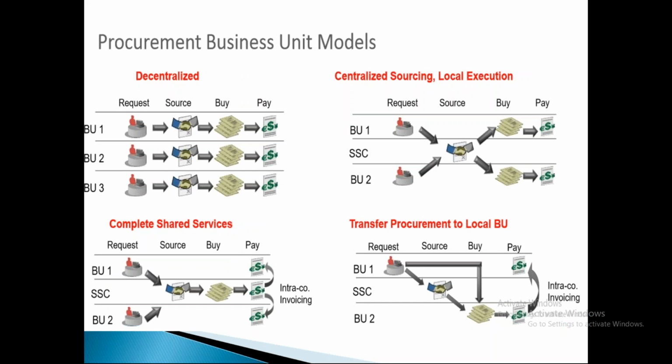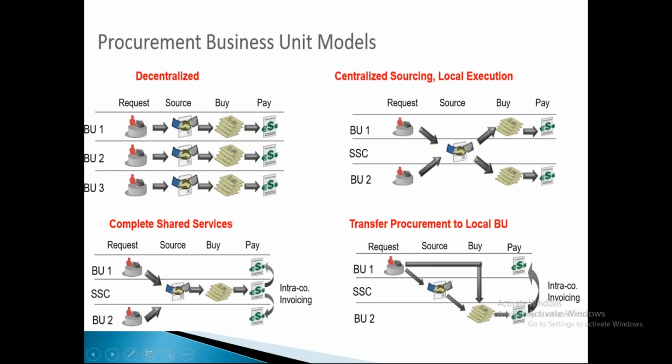So this is one of the key new features of our Fusion Procurement. We can have all these types of business unit models, which can control the procurement activities. Looking at the first picture here, which is a decentralized model, BU1, BU2, BU3 are nothing but your business units, in other words, the operating units of E-Business Suite.